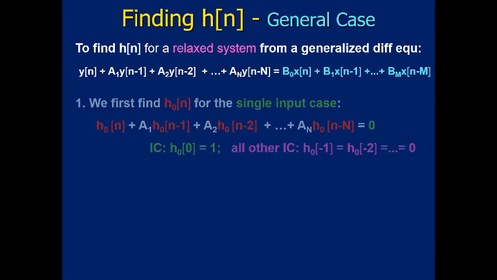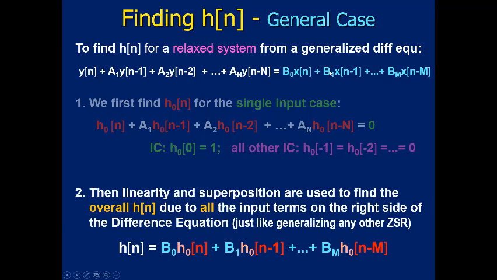So we find a unit sample response for the single input case equation. That's, again, just as when we were solving difference equations, that's not the answer I'm looking for. I want the answer for the general equation. So how do we take the single input case response and make it the general response? Well, the unit sample response is a zero state response. And so we use the same method to generalize the single input case unit sample response and make it the unit sample response of the general case.